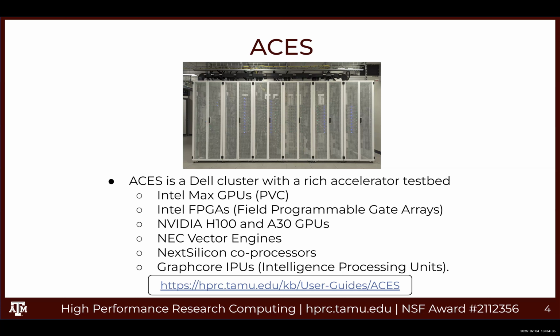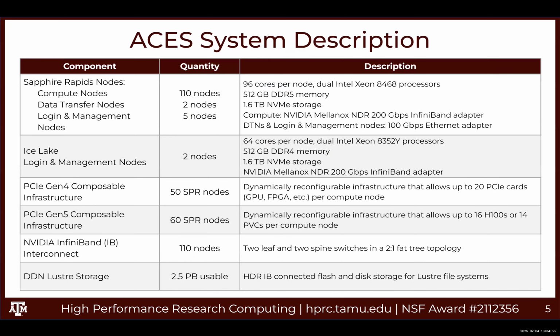We have actually two. FASTER, which we'll mention a little bit later, also is a composable cluster. But ACES as a test bed has some of the newer specialty kinds of things, especially really good for AI types of things. Parallel processing, a lot of those things.